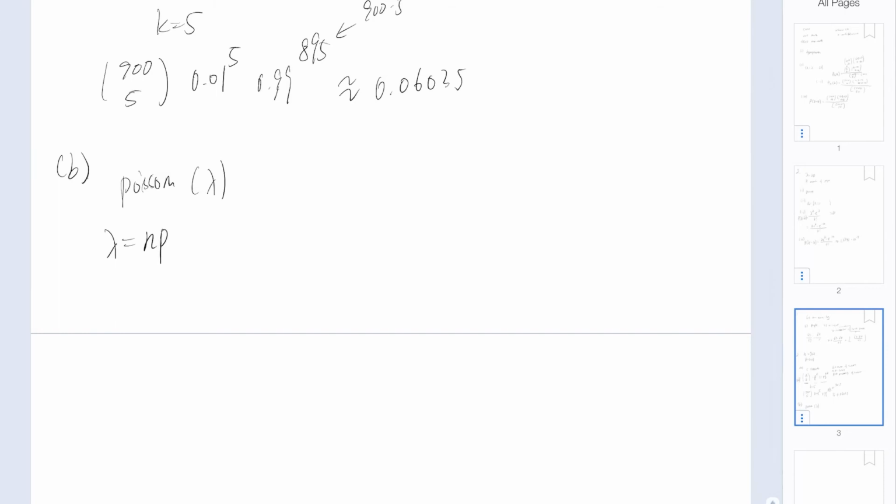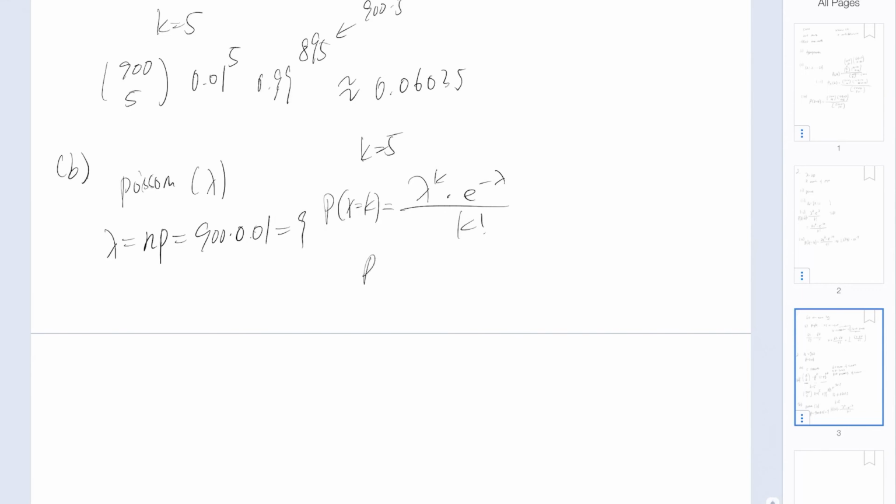It is equal to n times p, which is 900 times 0.01, equal to 9 in this case. The formula for the Poisson distribution is lambda to the k times e to the negative lambda over k factorial. In this case, k is equal to 5.